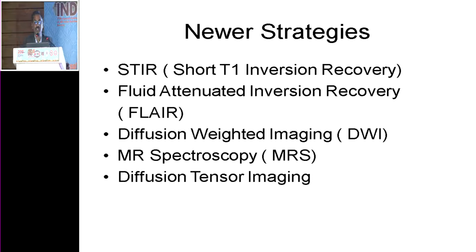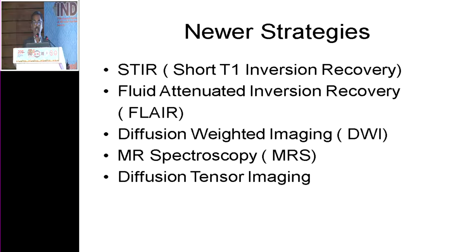So discussing some of the newer strategies for neuroimaging, we have the short T1 inversion recovery sequences, which suppress the fat. We have fluid attenuated inversion recovery or FLAIR images. We will see where it is indicated, especially in cases of multiple sclerosis. Basically, it suppresses the fluid. We have diffusion weighted images, where we are measuring the restriction of diffusion of water to detect the pathology.